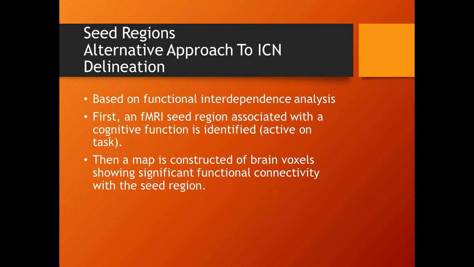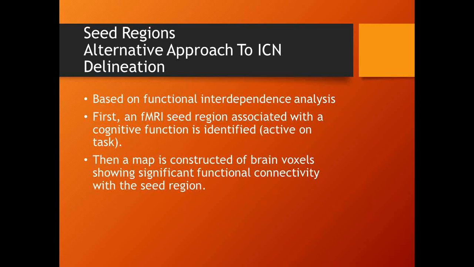One of the popular ways is seed regions, and we've just been talking about that. Based on functional interdependent analysis, you find an MRI region associated with a cognitive function, or maybe a couple of them or a group. They get active on the MRI.